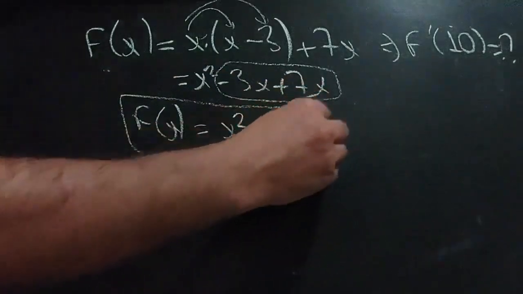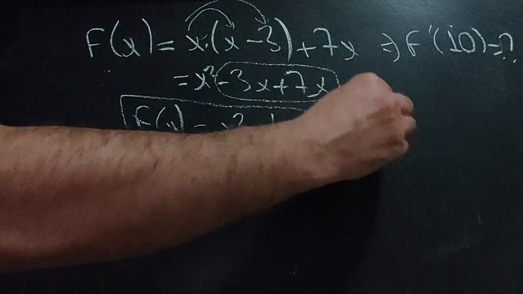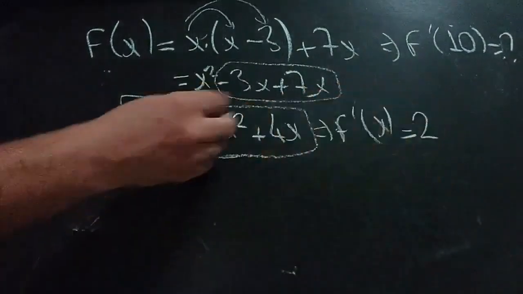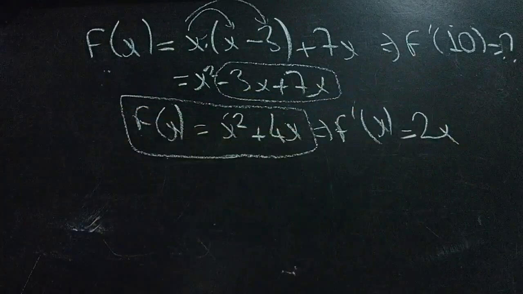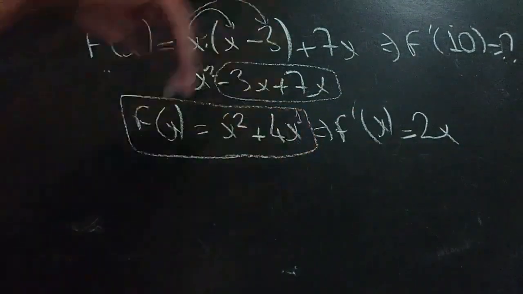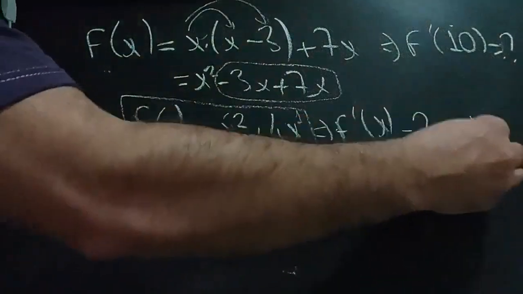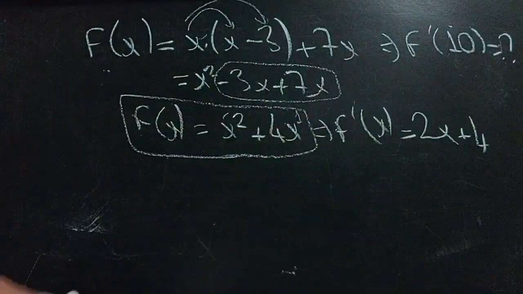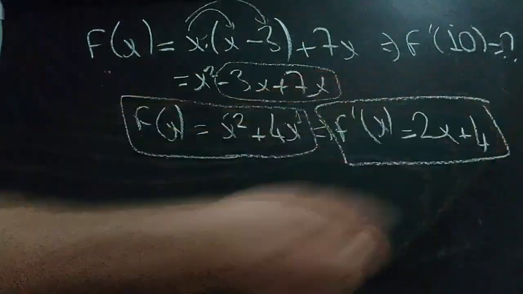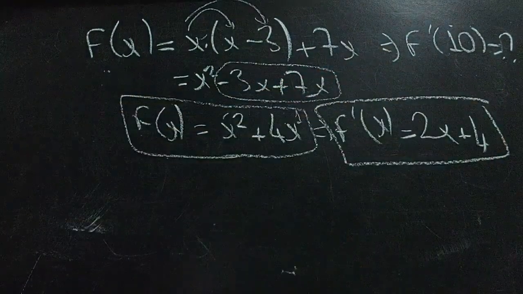So the derivative f'(x) is going to be, bring that one down, decrease by 1, x to the power 1, and this power 1 already, bring down 4 times 1, which is 4, times x to the power 0, which is 1. So your derivative is going to be 2x plus 4.